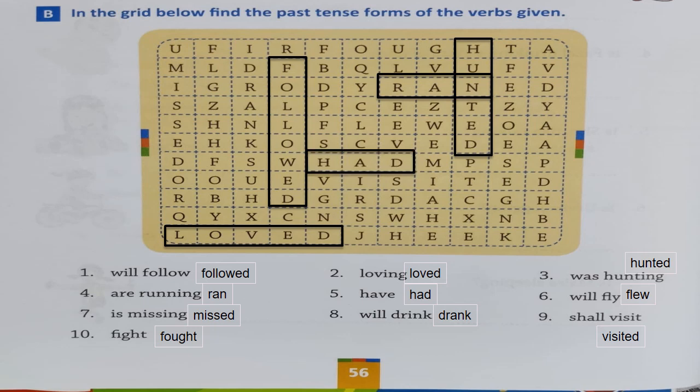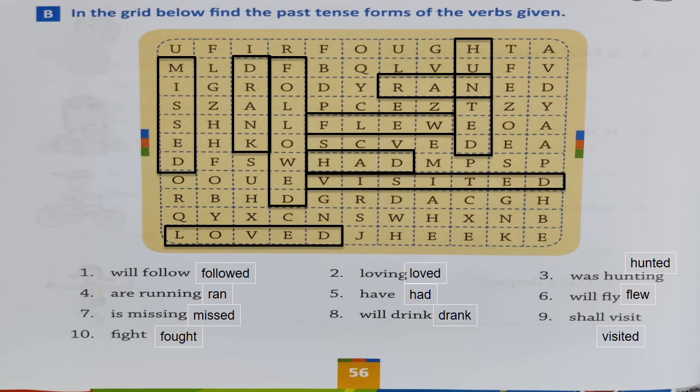Number 5, had. Number 6, flew. Number 7, missed. Number 8, drank. Number 9, visited. And the last one, number 10, fought.